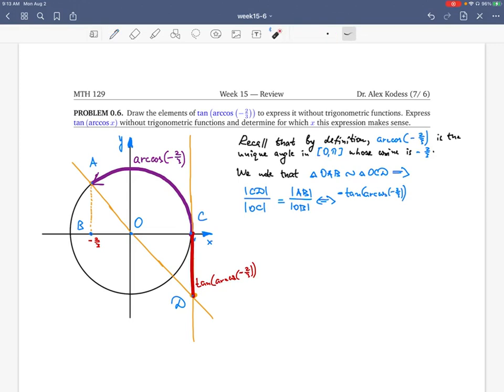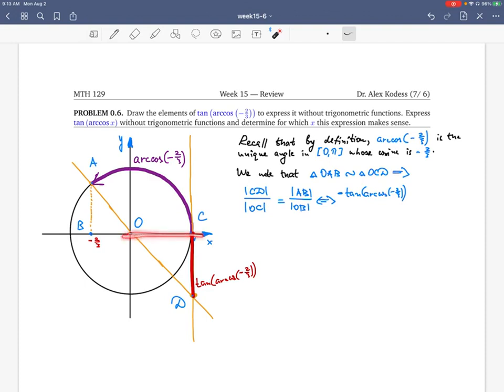One more time. Distance CD is the length of this segment. Tangent here is negative. So negative tangent will be positive, and that'll be exactly that distance.